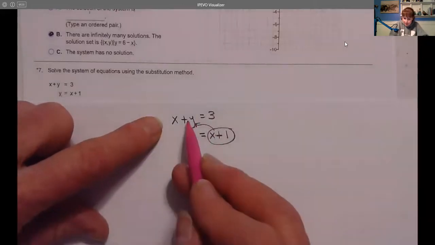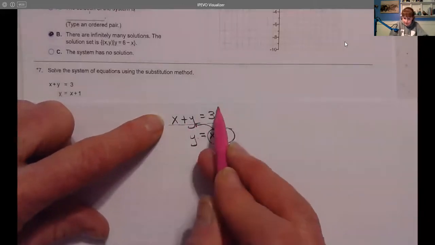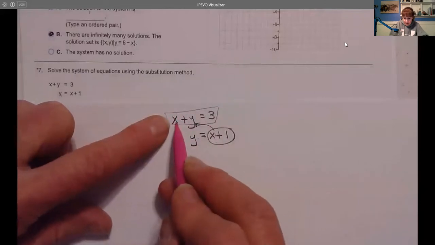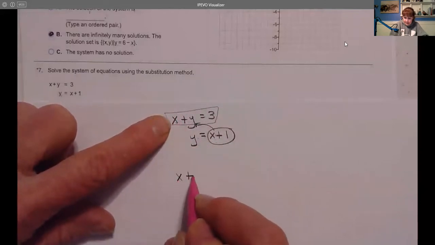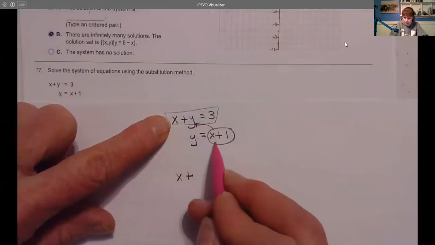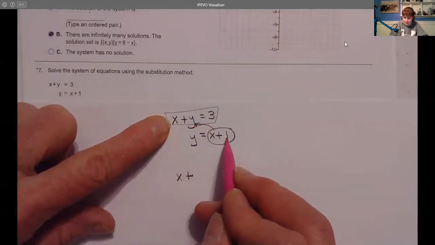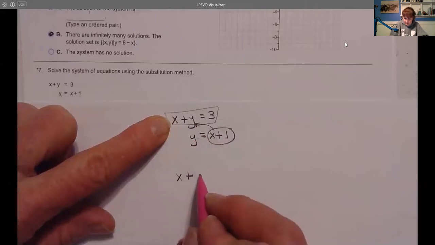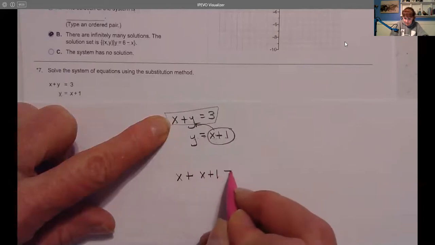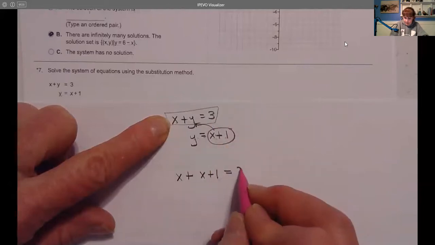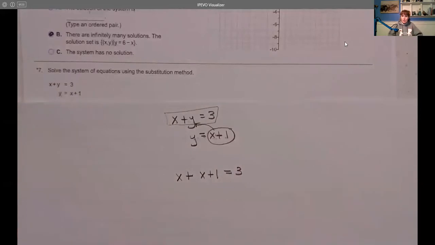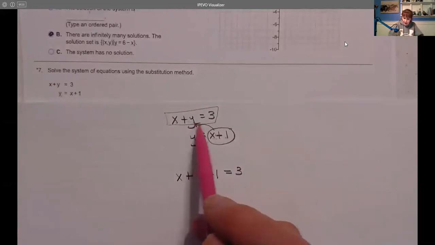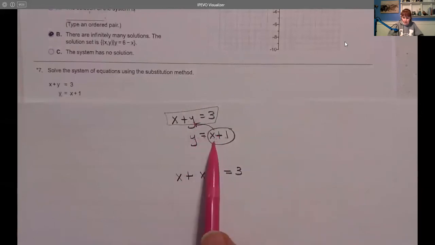So this equation right here is going to become, you have your x still, but instead of the y, I'm going to write x plus 1, because the y and the x plus 1 are equal to each other. And I still have the 3. That's called substitution. I substituted this in for the y because they're equal.